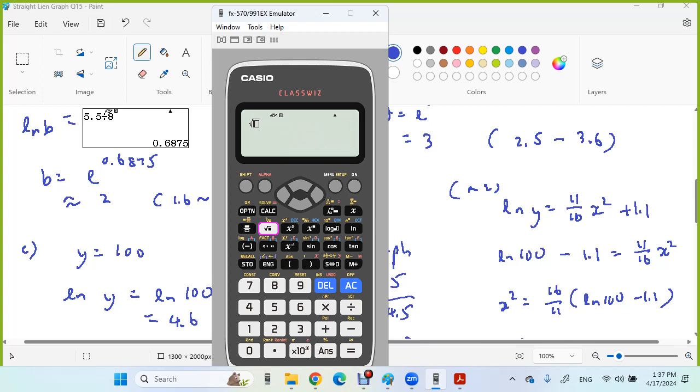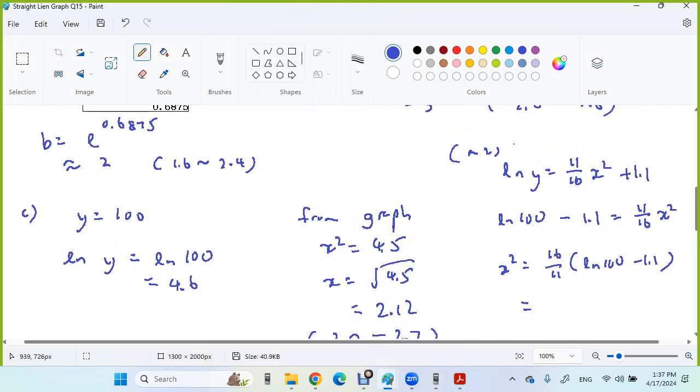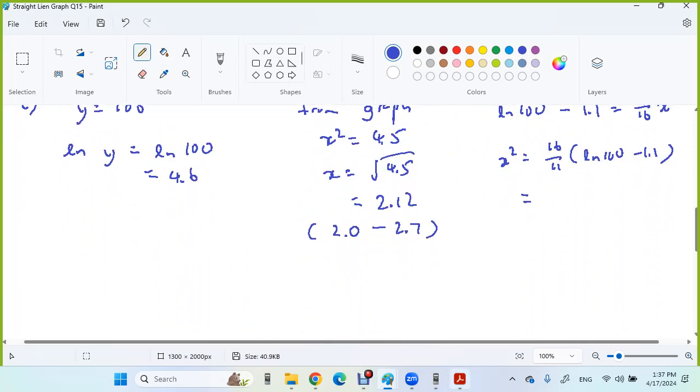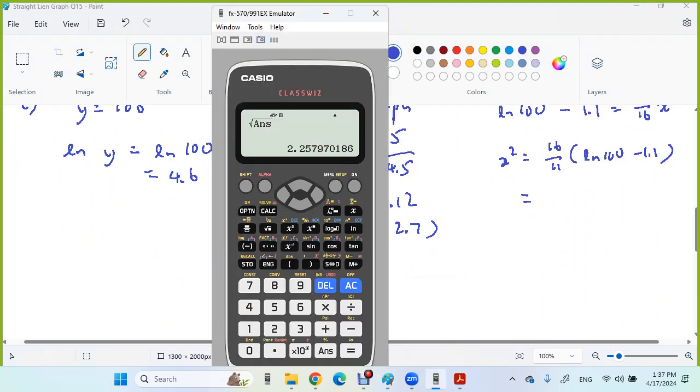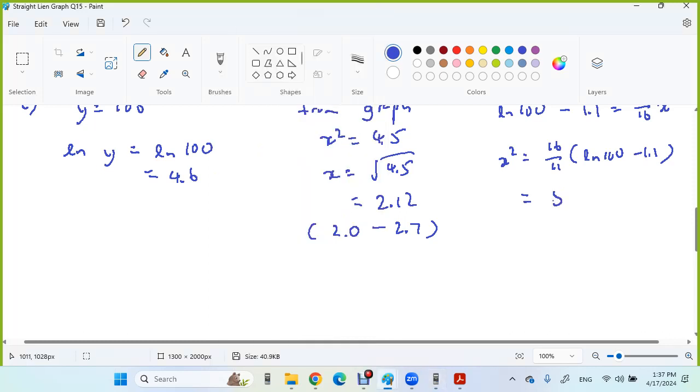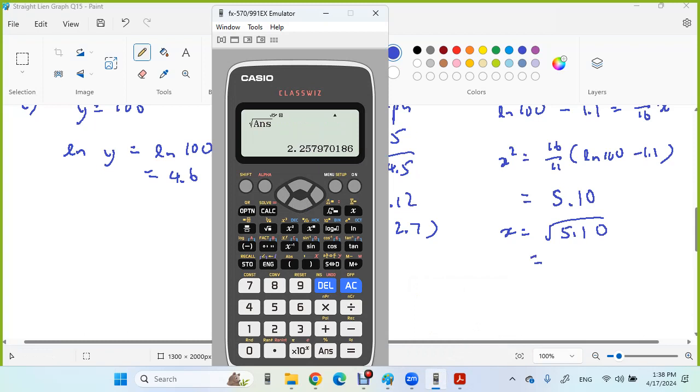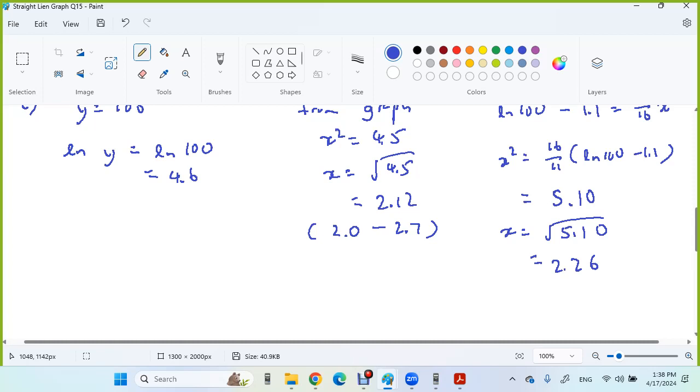Then we have x squared is this, 5.1. Okay, 5.1 here, and then x will be the square root of 5.1, which gives 2.26. Okay, so it's still within the range.